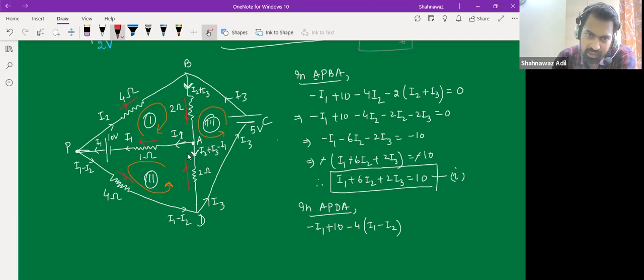And the current direction is opposite. So what would be the voltage? Positive. Positive 2 into the current. 2 is resistance and current is opposite: I2 plus I3 minus I1. So then the circuit is completed, right? So this is right.